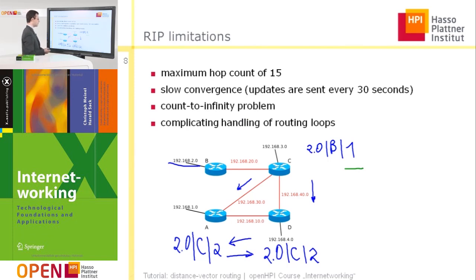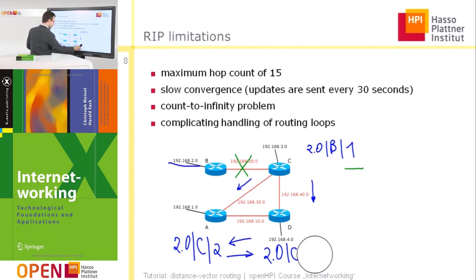But now let's imagine what happens if this link breaks. Router C stops sending updates to routers D and A, and therefore both of these routers D and A accept the updates from each other.